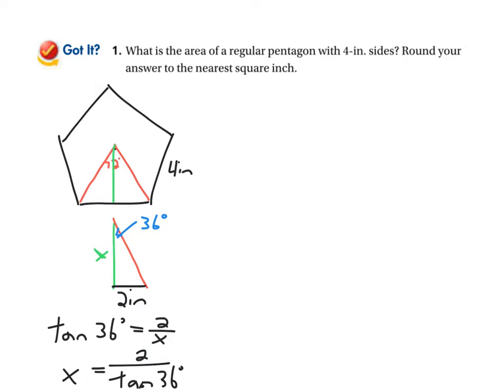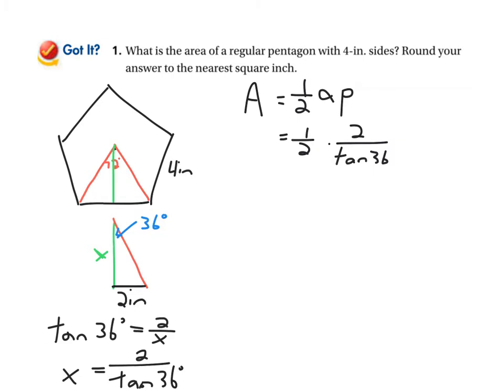Okay, the formula for the area of a pentagon is the area equals 1/2 the apothem times the perimeter. Then we can say that is 1/2 of 2 over the tangent of 36 times the perimeter. And what is the perimeter?